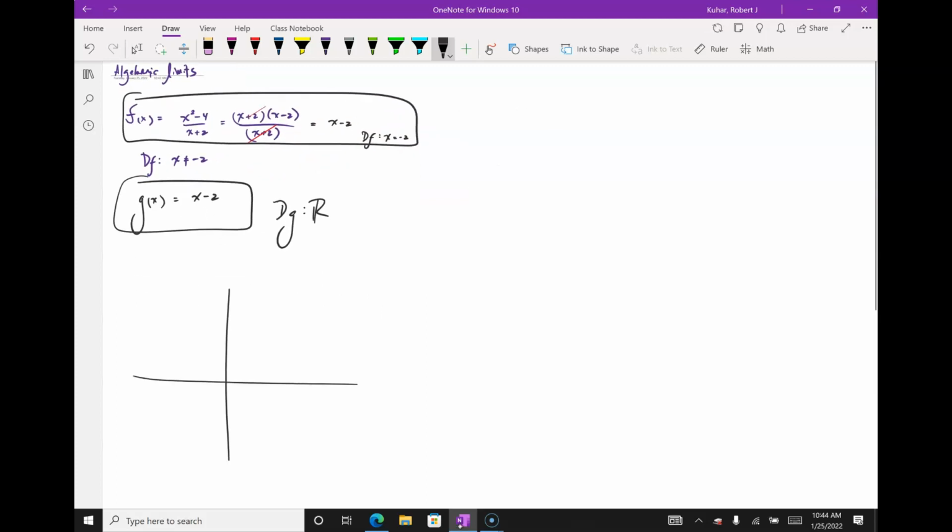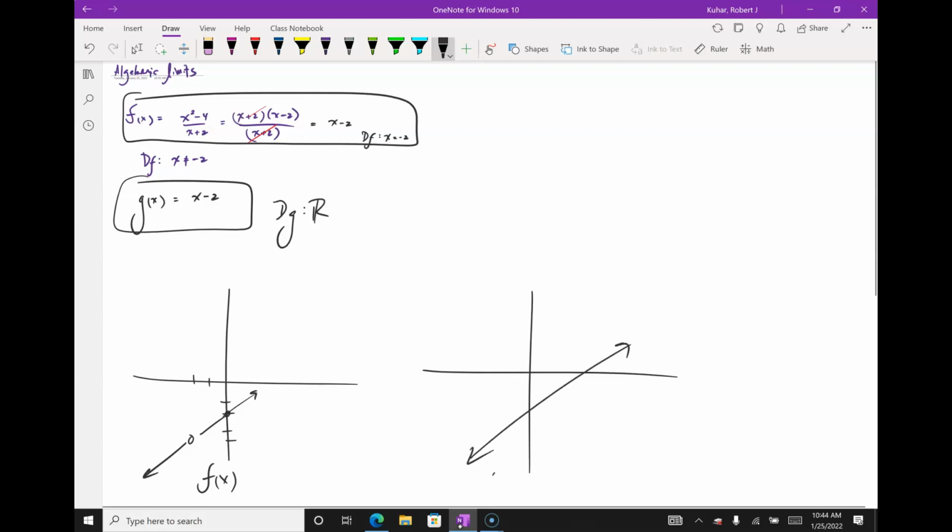What does f of x look like? What does g of x look like? This is f of x. This is g of x.